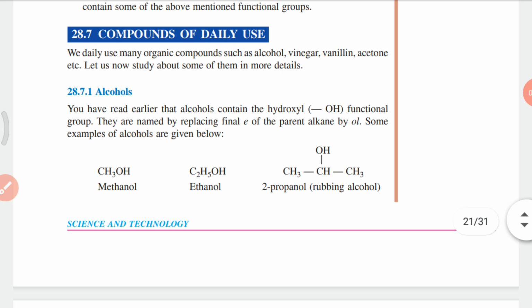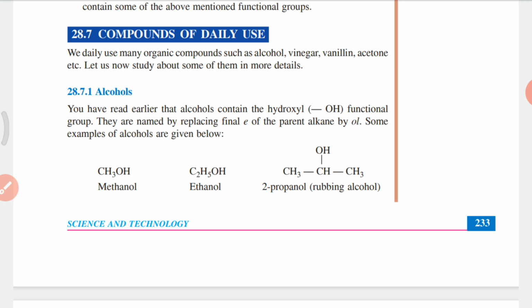Then we are going to discuss the compounds of daily use. First one is alcohol. We already studied that alcohol is given by replacing one hydrogen atom and adding an OH group, the hydroxyl functional group, to the compound. For the name, we just remove the final E and change it to ol.